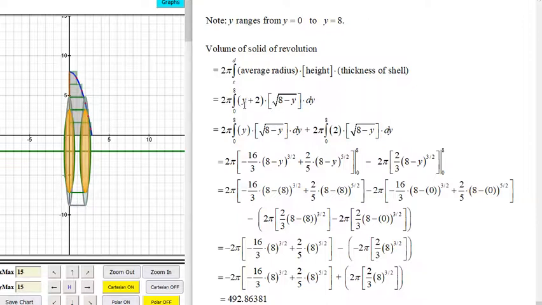So this is y times the square root of 8 minus y plus 2 times the square root of 8 minus y. And then we have to integrate this part and this part individually. So let's go ahead and see how we find the antiderivative for this part.